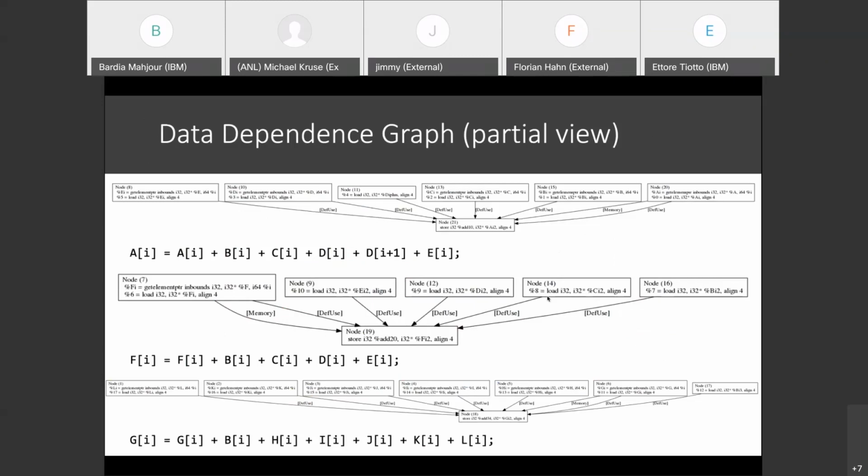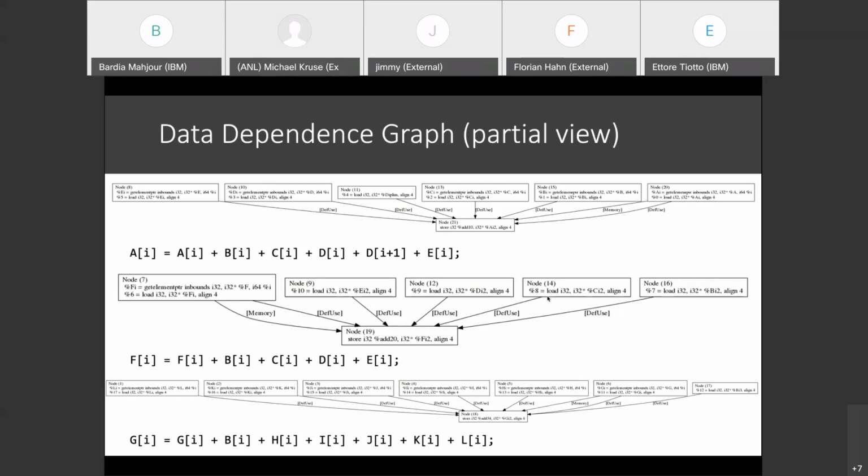The first part of the graph represents the first statement. There are a number of nodes. Some of the nodes produce a value, and then the value is consumed in other nodes. The edge that is labeled diffuse represents the relationship between the node that produced the value and the node that consumed the value, so it's called a diffuse edge.